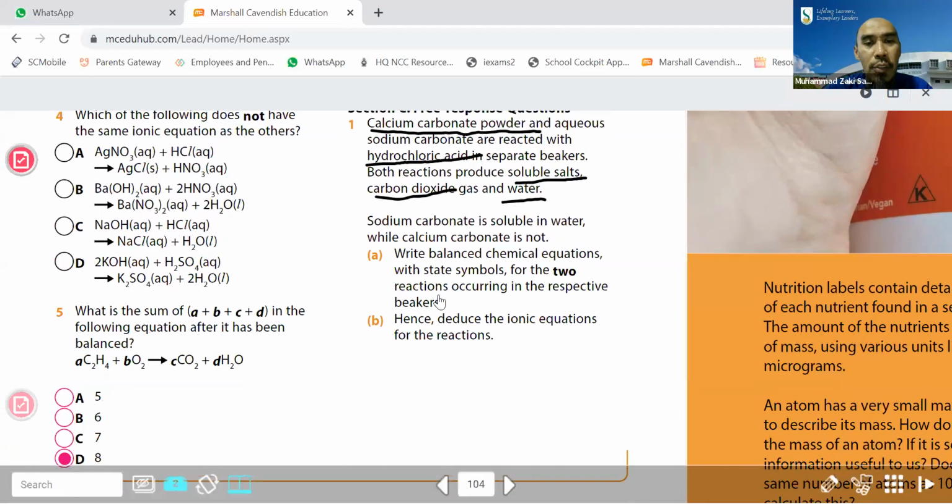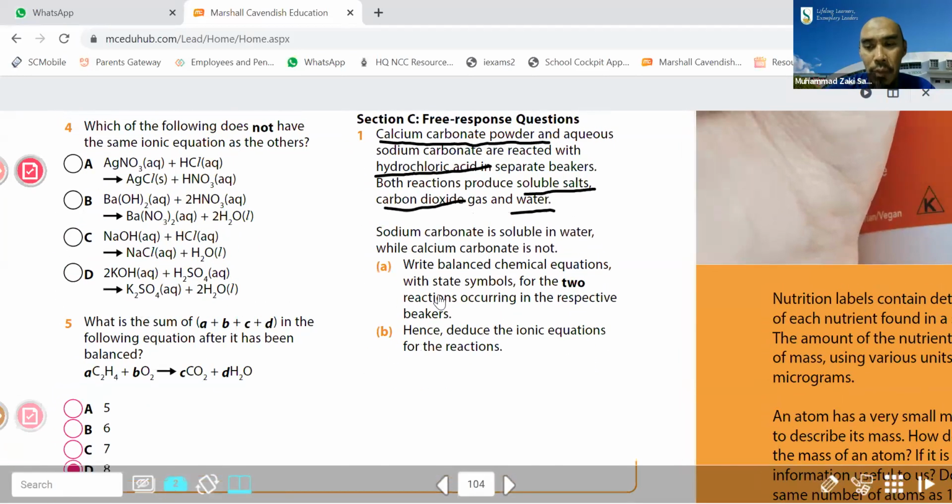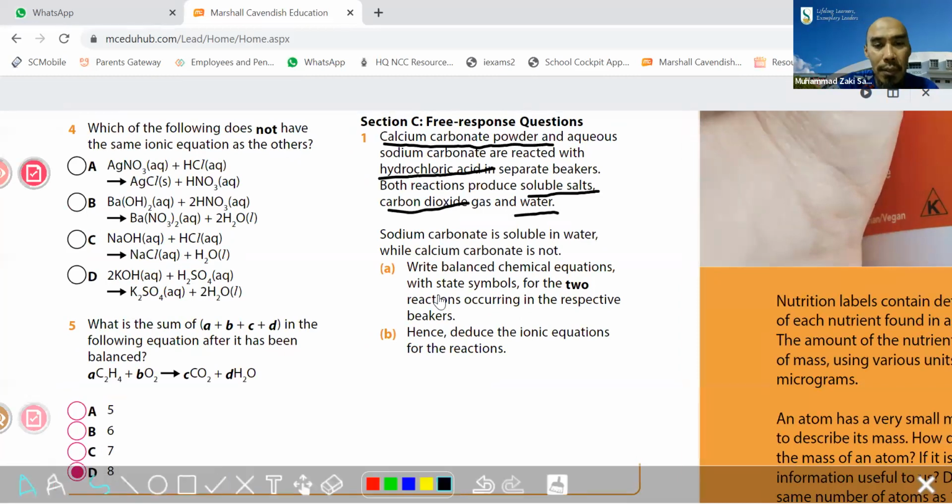Again, you need to have the knowledge of the ions. Very important. So calcium carbonate is CaCO3, right? You can check the ions formula and figure out what CaCO3 is, and this is a solid.